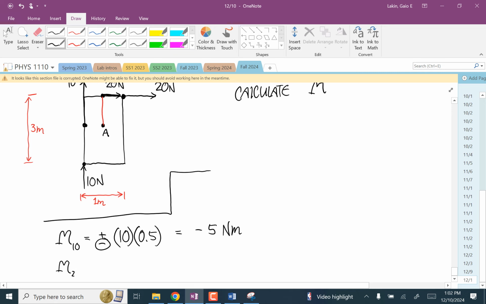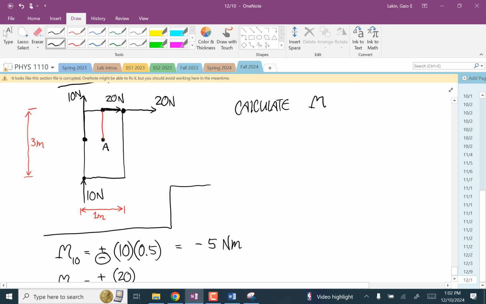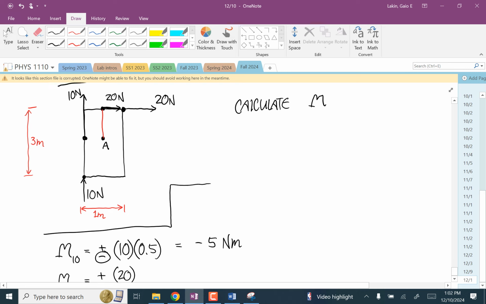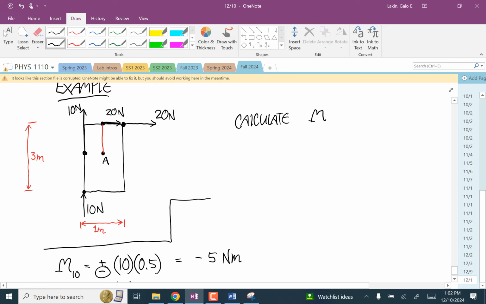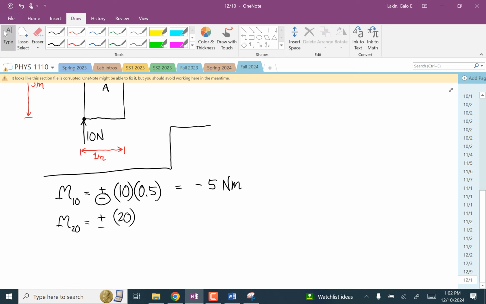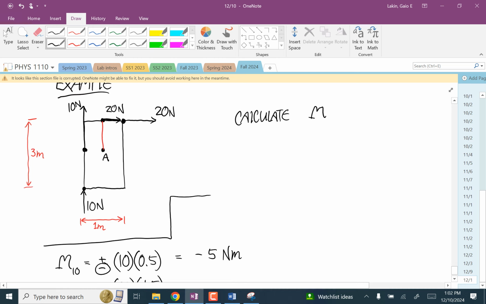So the moment from that 20 Newton force is plus or minus the force of 20 times the distance. What's the length of that red line? 0.5? 1.5, because this height is 3. Oh, shoot. Do you see that? Yeah, so 1.5. And now this 20 Newton force, would this make the body rotate clockwise or counterclockwise around that hinge?